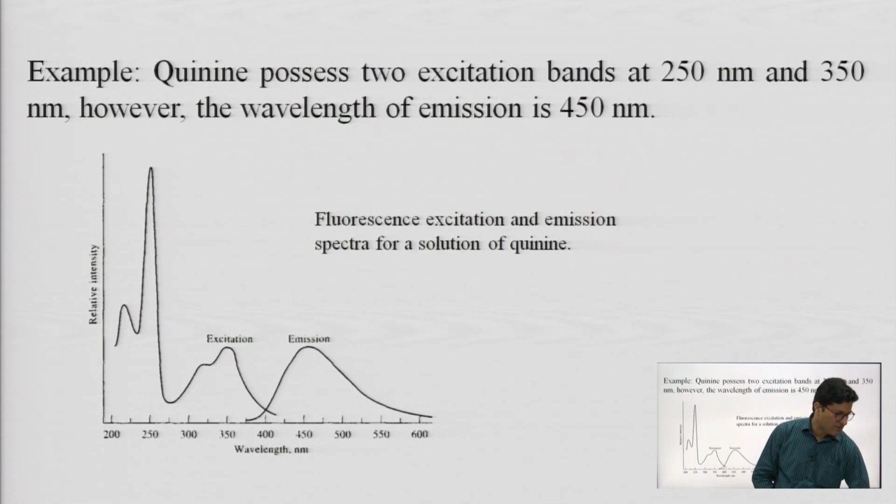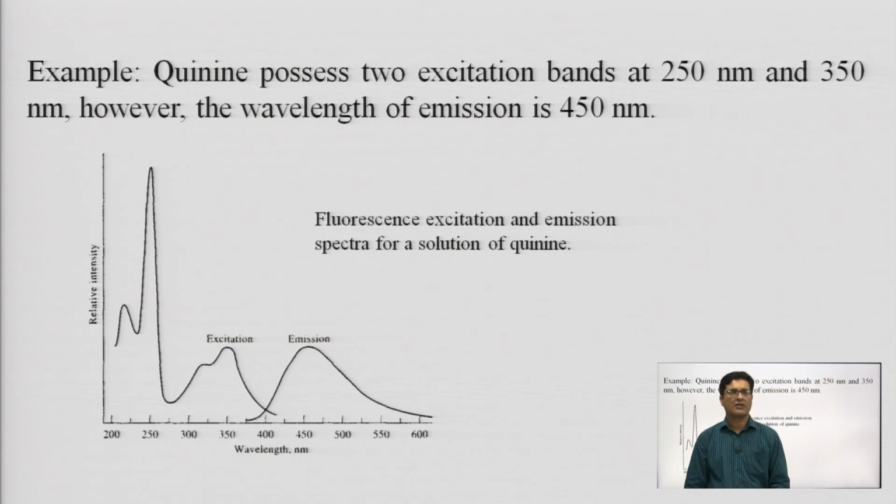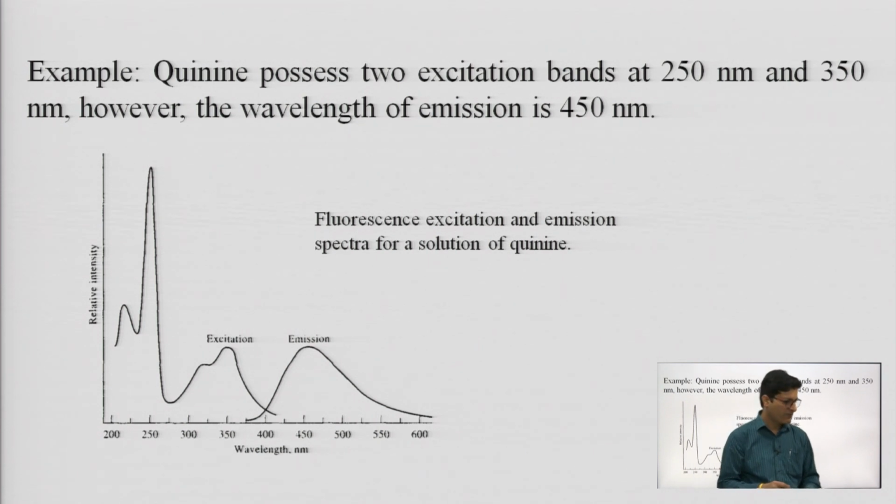This can be seen with the help of quinine. Quinine has two excitation wavelengths, 250 nanometer and 350 nanometer, whereas its fluorescence is generally observed at 450 nanometer. This increase of the wavelength of emission is the Stokes shift.